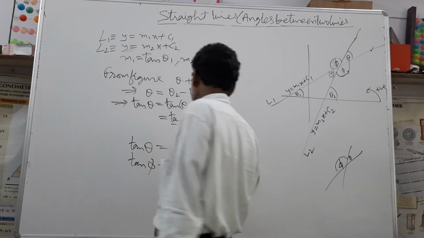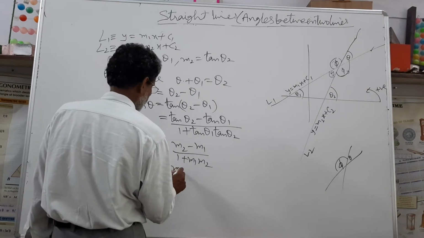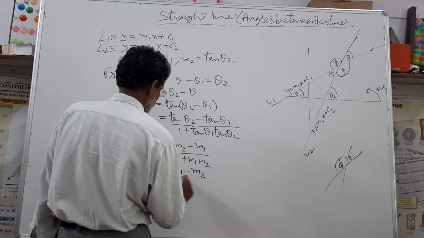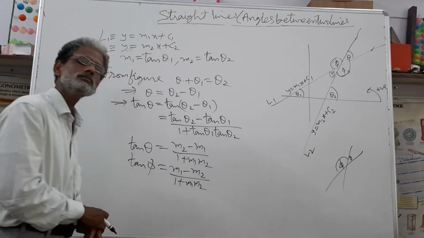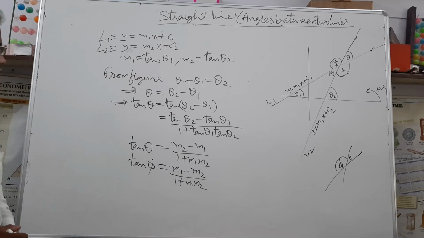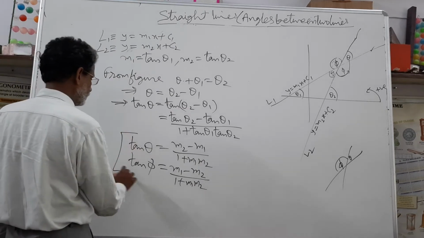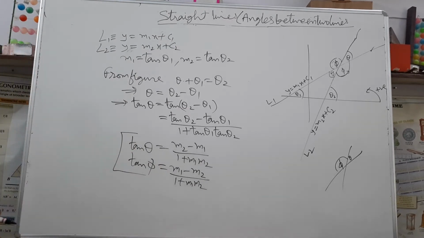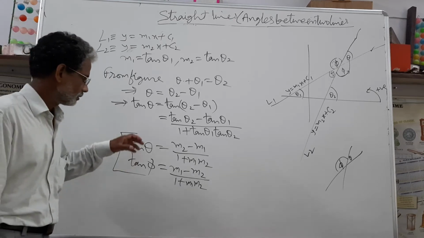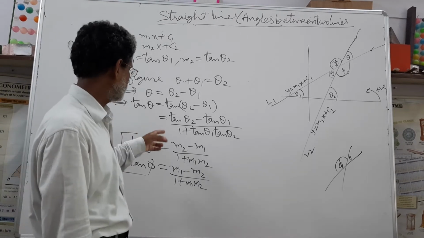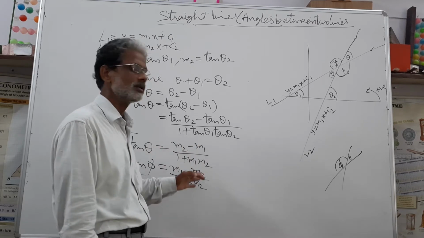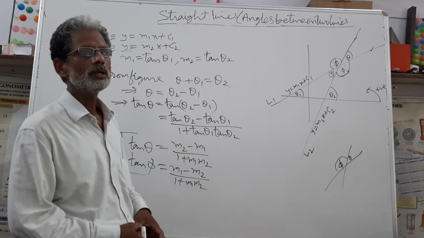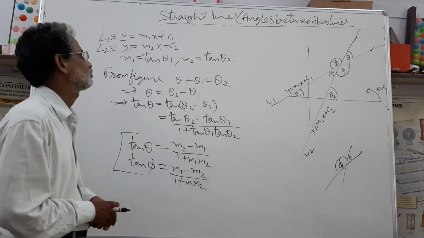So tan phi will be equal to m1 minus m2 upon 1 plus m1 m2. This is more important to remember, because if you make any mistake in subtracting m2 minus m1 or m1 minus m2, your angle becomes changed supplementarily.